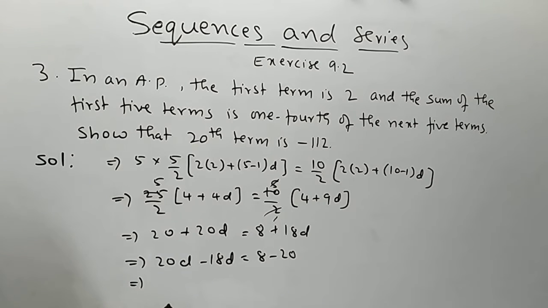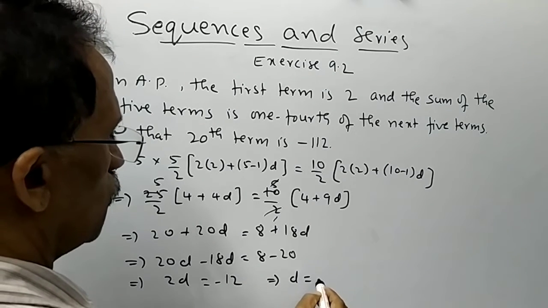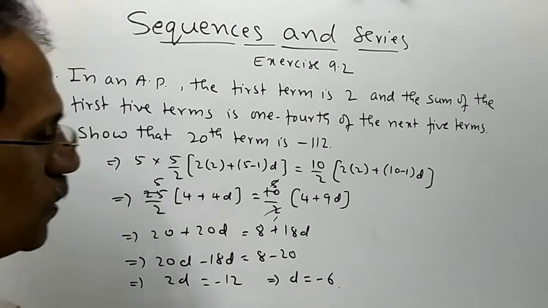This implies 2d is equal to minus 12, implies d is equal to minus 6.